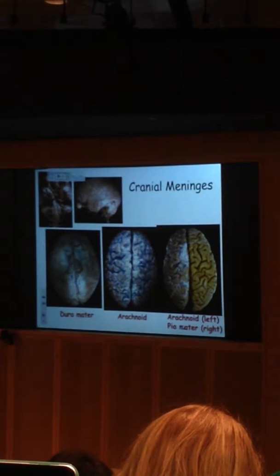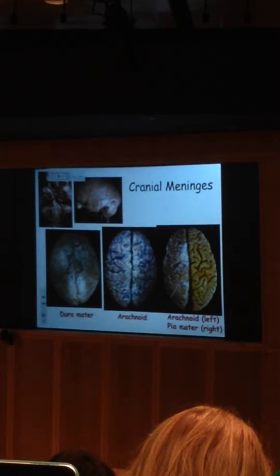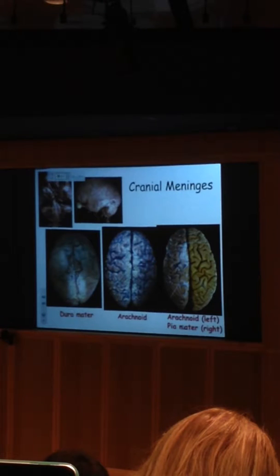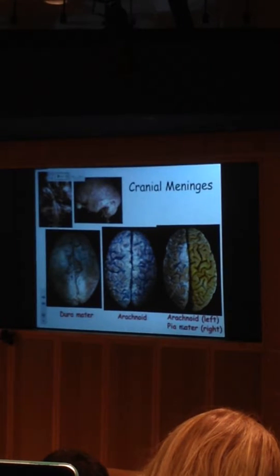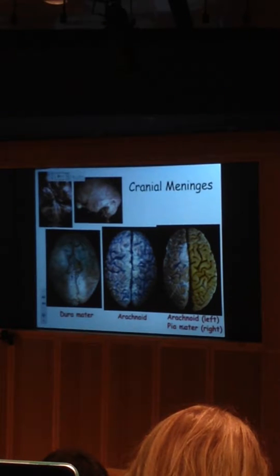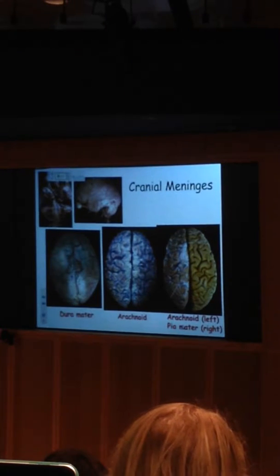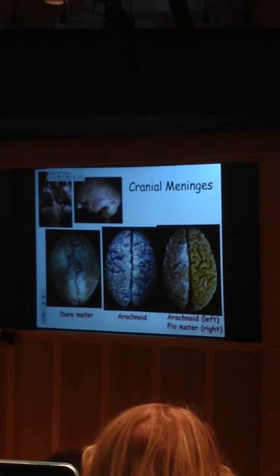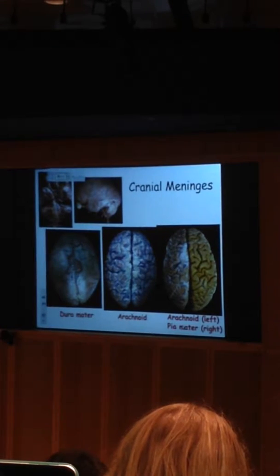Arachnoid lies underneath the dura mater, so it's the middle layer of the three meninges. And finally, if you peel the arachnoid membrane very carefully, you can see on the last picture, on the right side of the brain, is the pia mater. Okay, so you can see the differences.